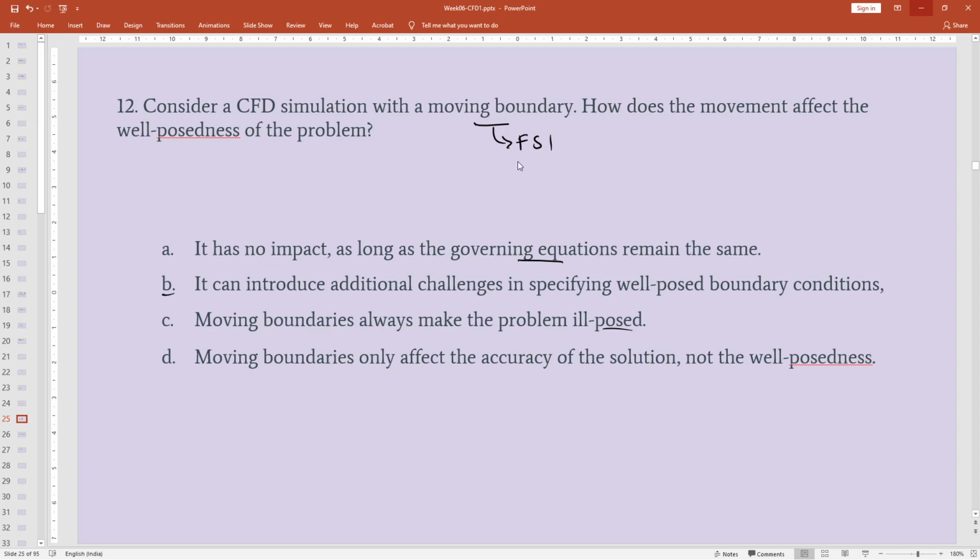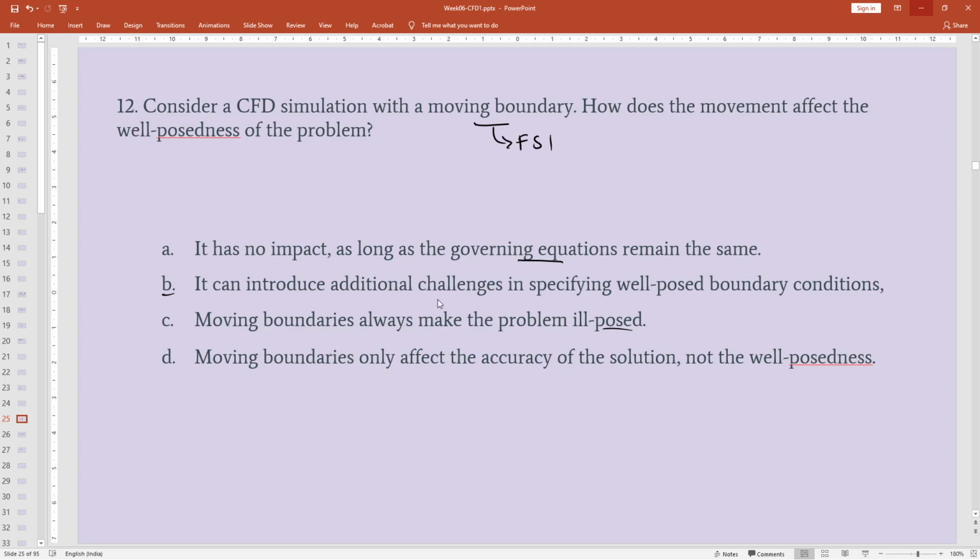In effect, our volume itself can vary. If you have seen some examples like fluttering of a flag, or a pendulum, in a fluid domain some walls can oscillate or move. Such situations are where we have a moving boundary.